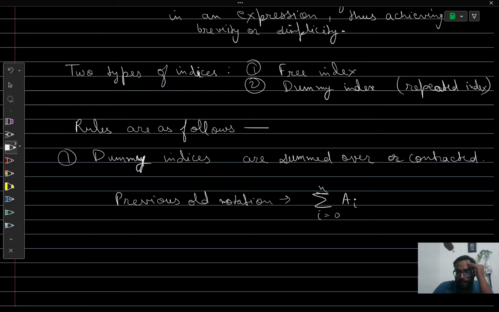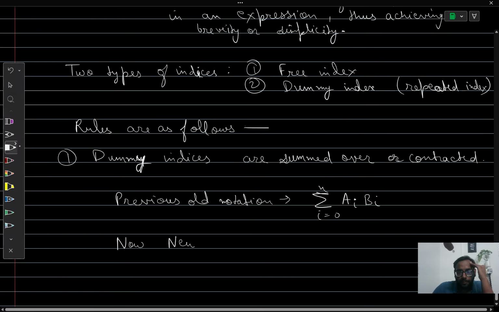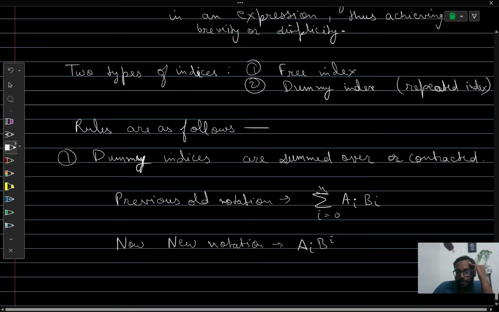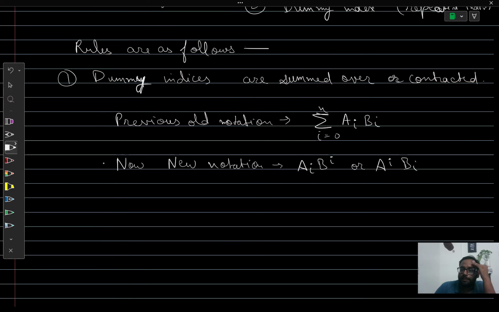This is how we used to sum over things. Now the new notation just removes it, and we write it like this, which assumes that these indices are summed over, because we don't need to keep writing the summation sigma again and again. This simplifies our calculations.